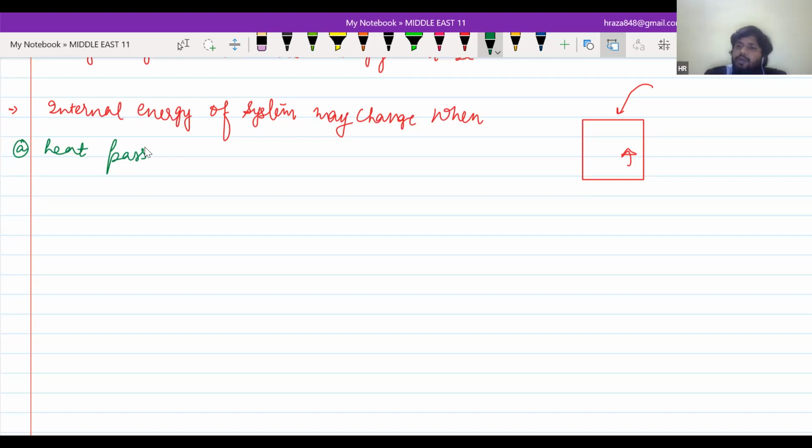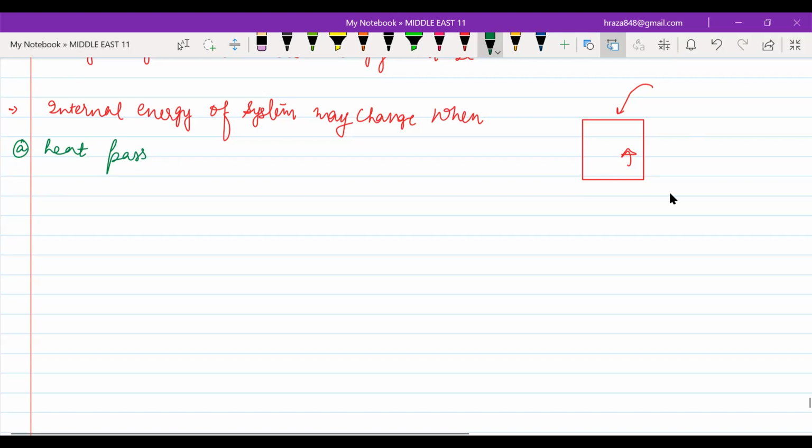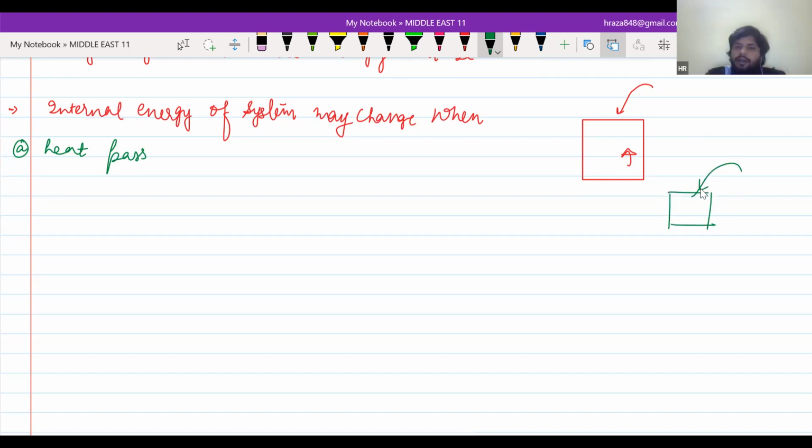If heat passes from the system to the surroundings, internal energy will change. Changed or not, Krishna? Yes, sir. If you give the system 10 joule, internal energy will increase. And if you take out 10 joule, internal energy will decrease. This is the first method to change the internal energy.